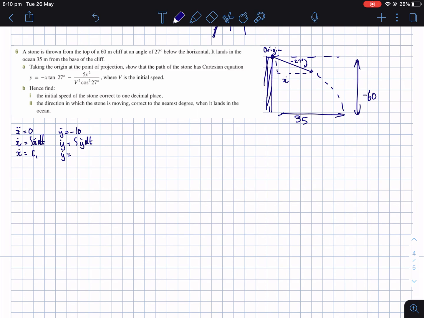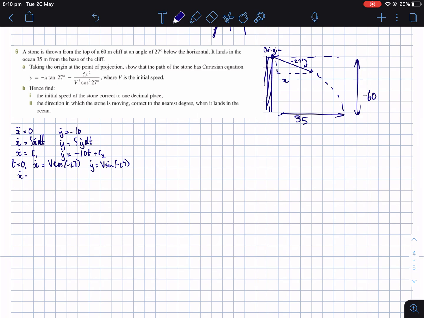So we've got minus 10t plus c2. When t equals 0, x dot is v cos negative 27 and y dot is v sine negative 27.